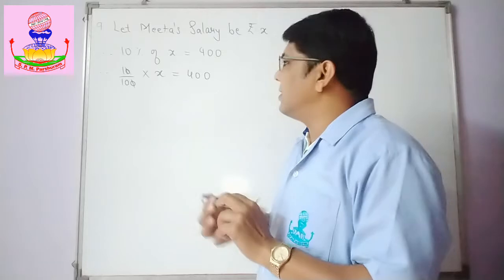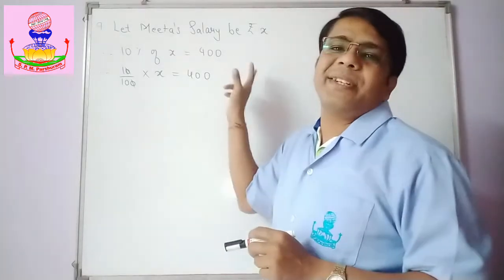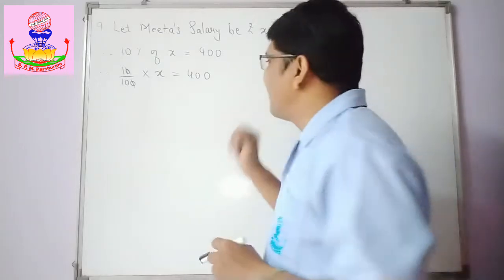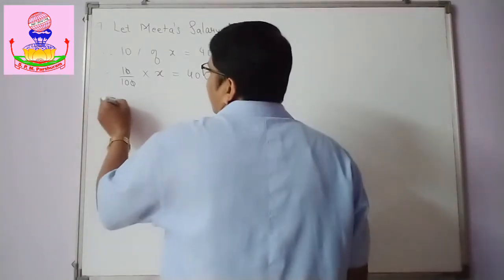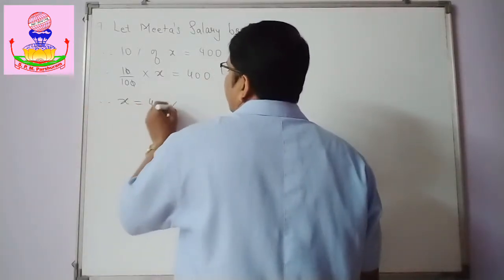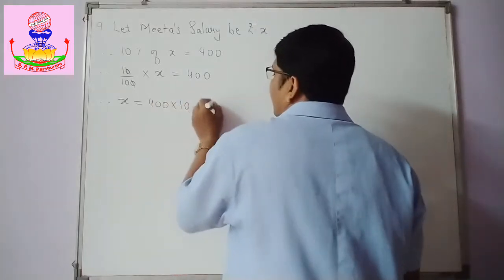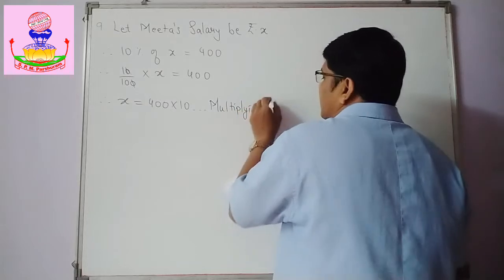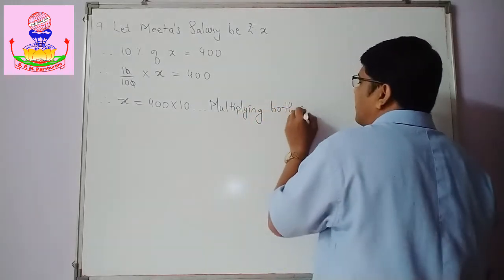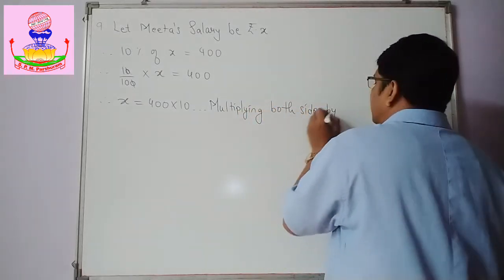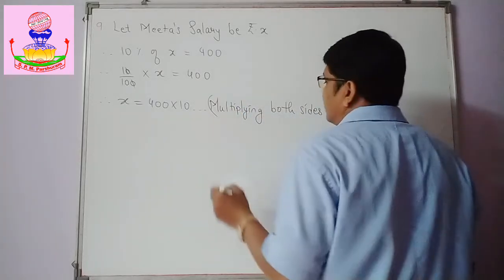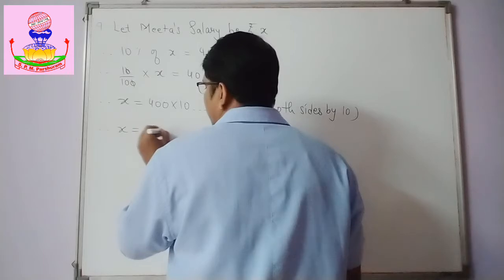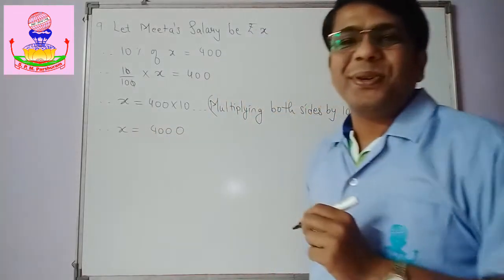I don't want this 10 here, I'll bring it to the other side. So what will I do? Yes, exactly, multiplying both sides by 10. Therefore X is equal to 400 into 10. So the answer is 4,000.